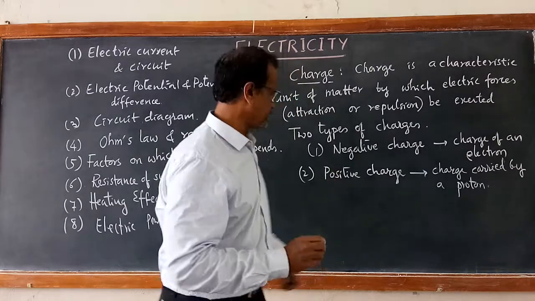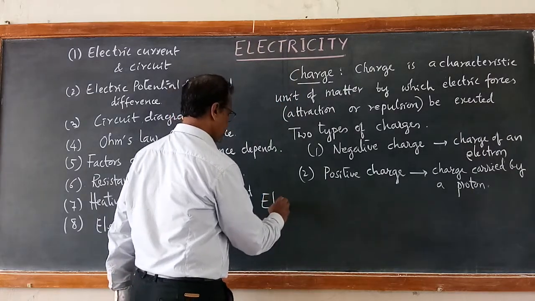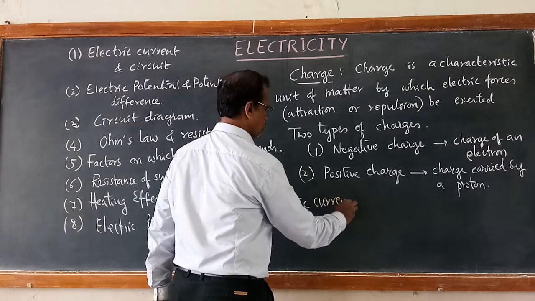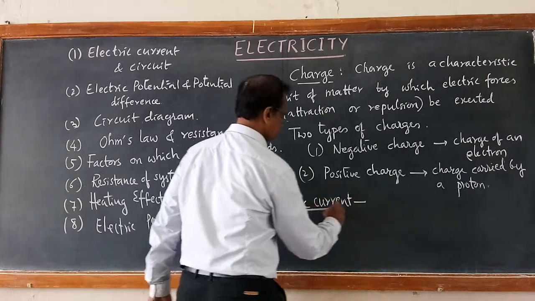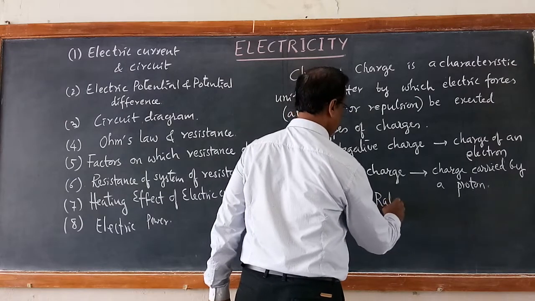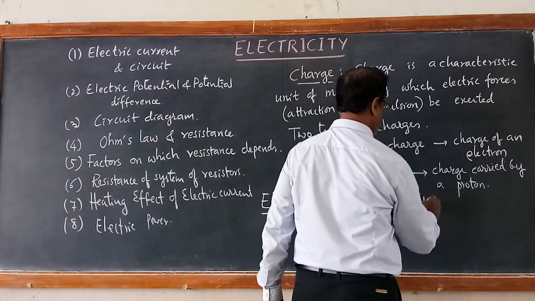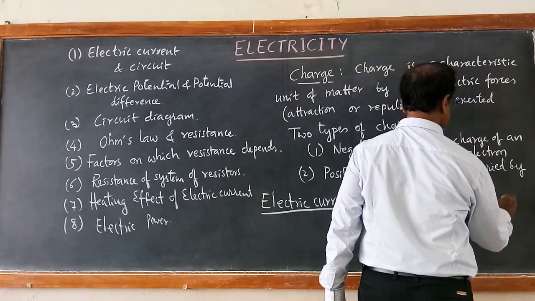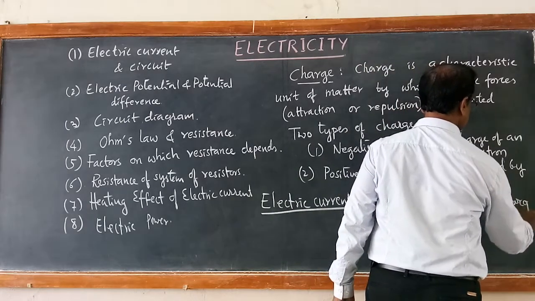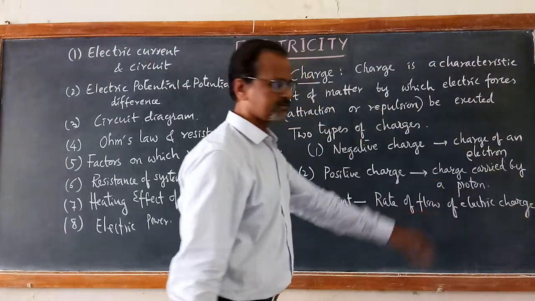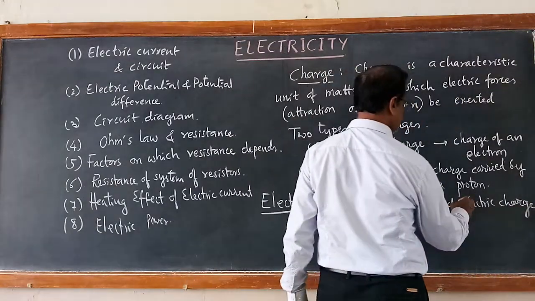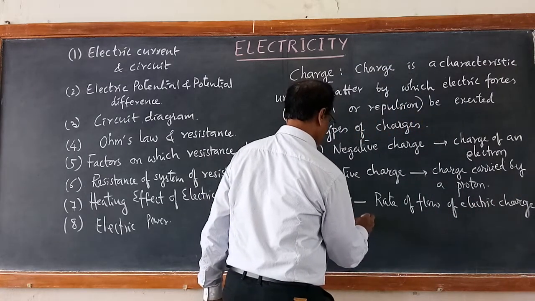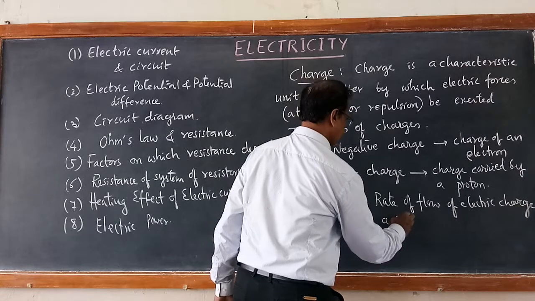This flow of charges constitutes what is called electric current. So electric current, in a simple way, is defined as the rate of flow of electric charge across a conductor.